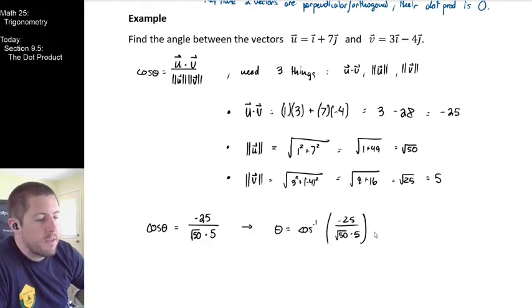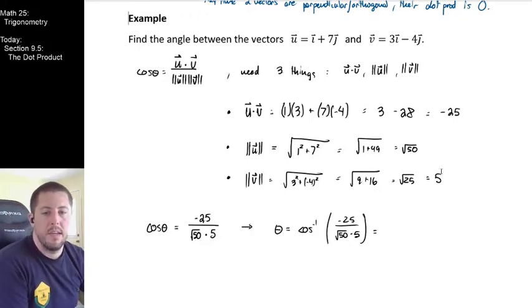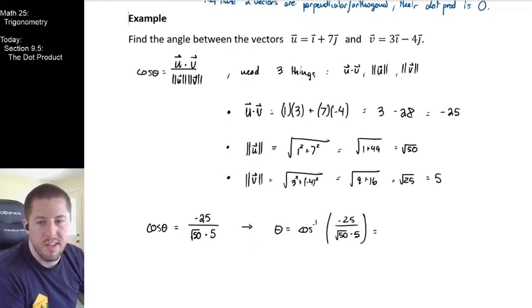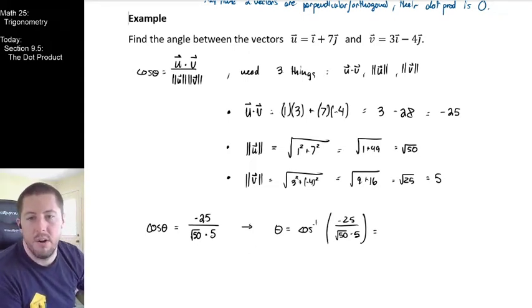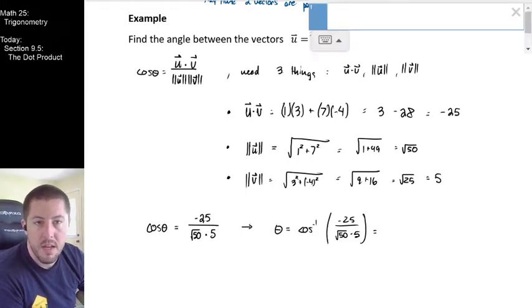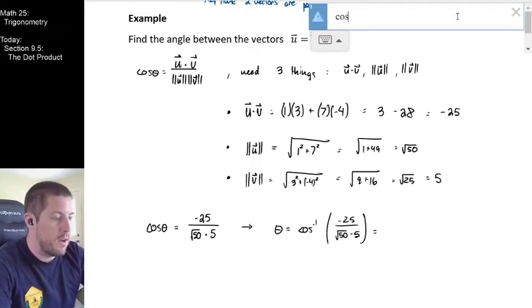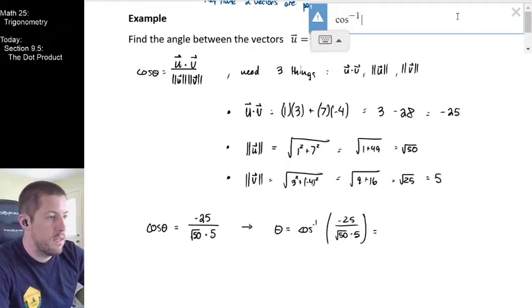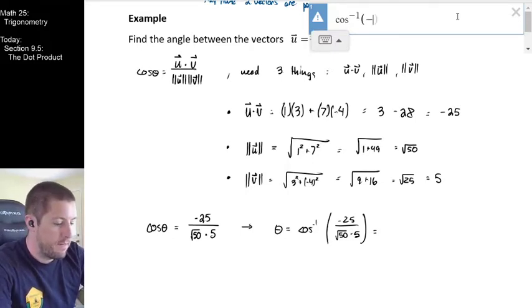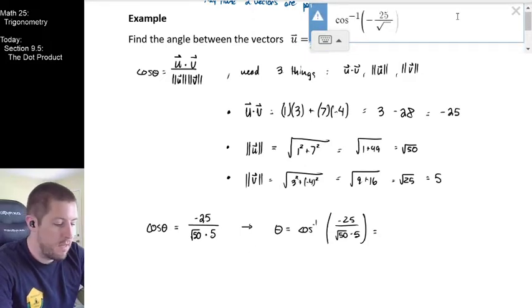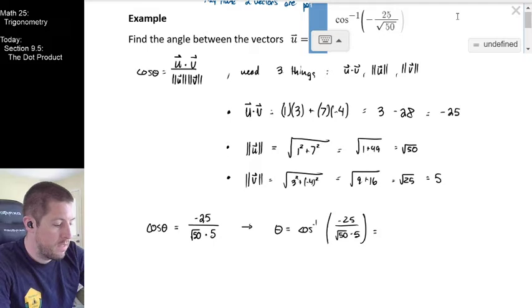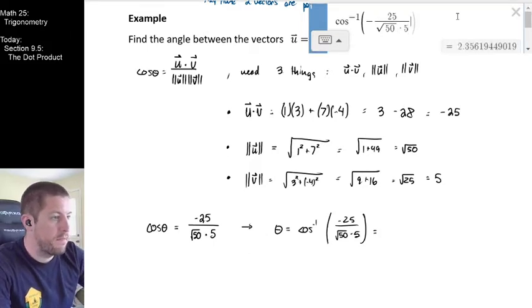Let's go ahead and go to our calculator and see what we get for this theta. This is one of those where you're always going to need a calculator pretty much for these. These very, very rarely work out super cleanly. So I've got my Desmos calculator available up top. I want to know, what is the cosine inverse of negative 25 divided by square root of 50 times 5?